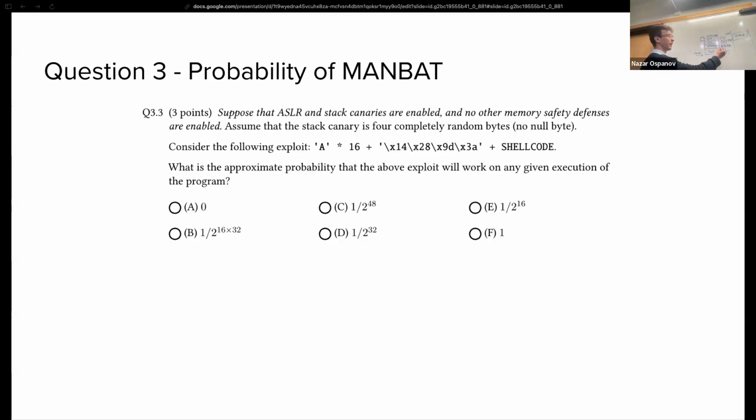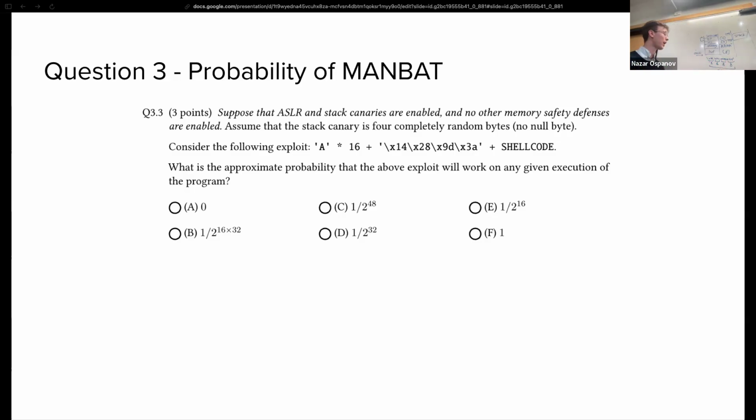Because think of the garbage bytes as hex 41, hex 41, hex 41, and hex 41. Each of these is 1 byte, 8 bits, so combining them together we have 32 bits that we need to exactly match.